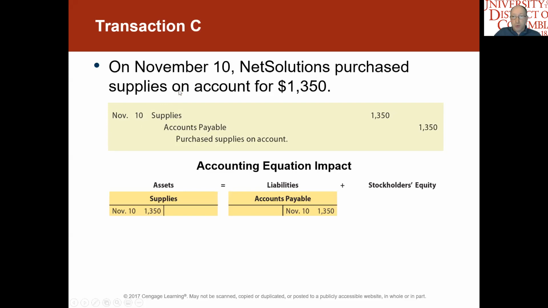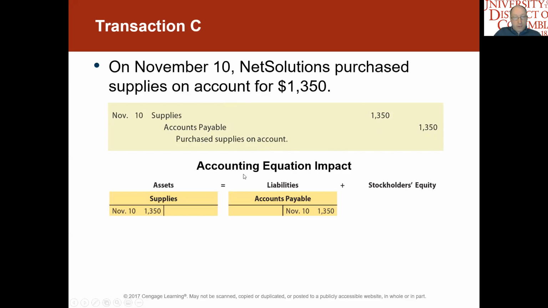In this case, we're purchasing supplies or inventory on account. So we debit our supplies or our inventory, $13.50. We credit our accounts payable account to increase accounts payable by $13.50. We make the note, purchase supplies on account. In this course, there is no check taking place, so there's no reference number.